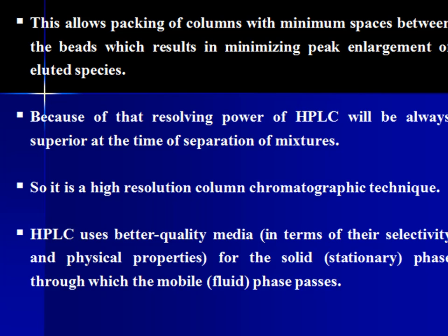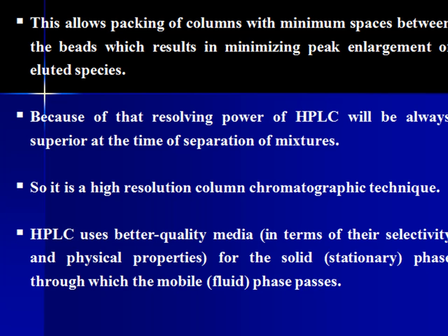This allows packing of columns with minimum spaces between the beads, which minimizes peak enlargement of eluted species. Because of that, the resolving power of HPLC is always superior at the time of separation of mixtures. So it is a high resolution column chromatographic technique.